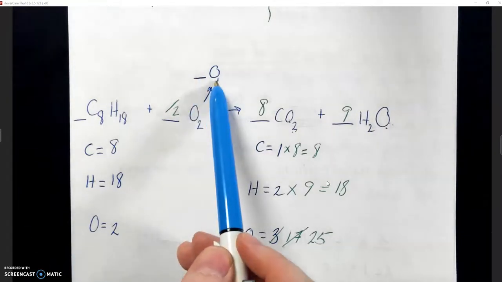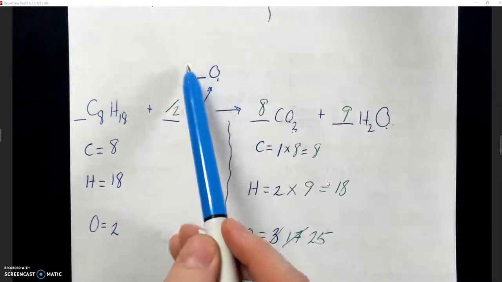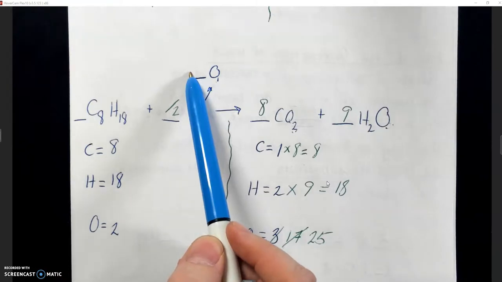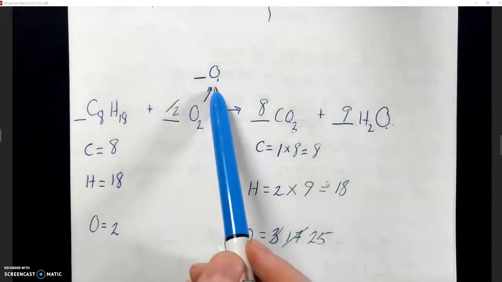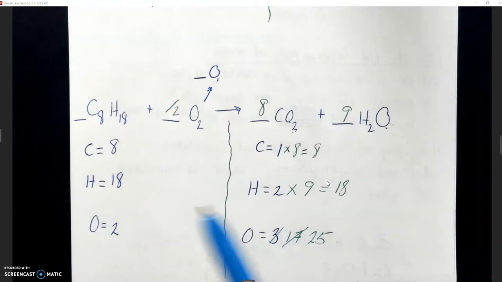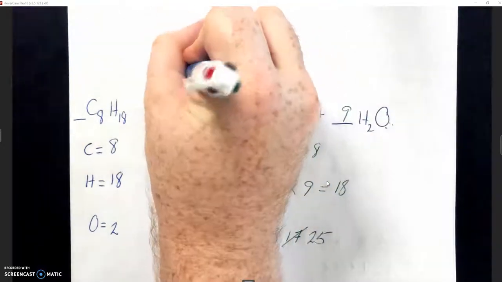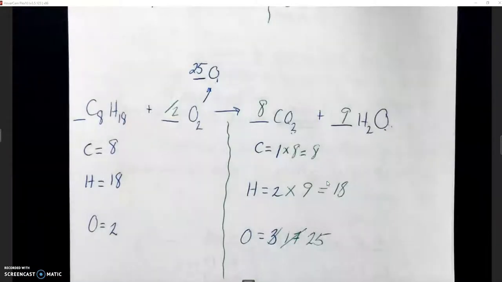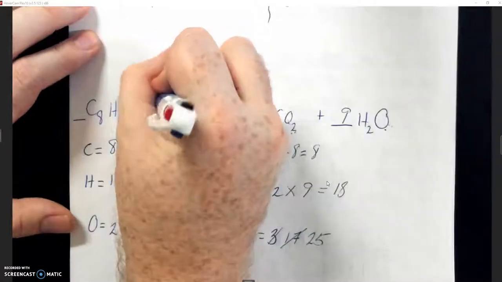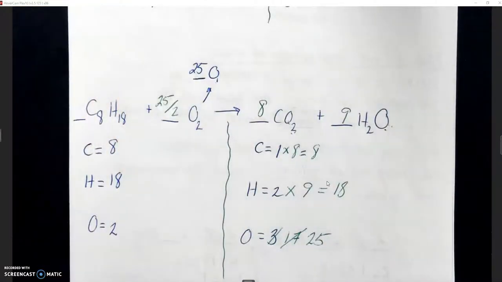Now that this is O1, what number can I throw out in front to make it 25? 1 times what number is going to be 25? Well, it's 25. And I can now put 25 here.